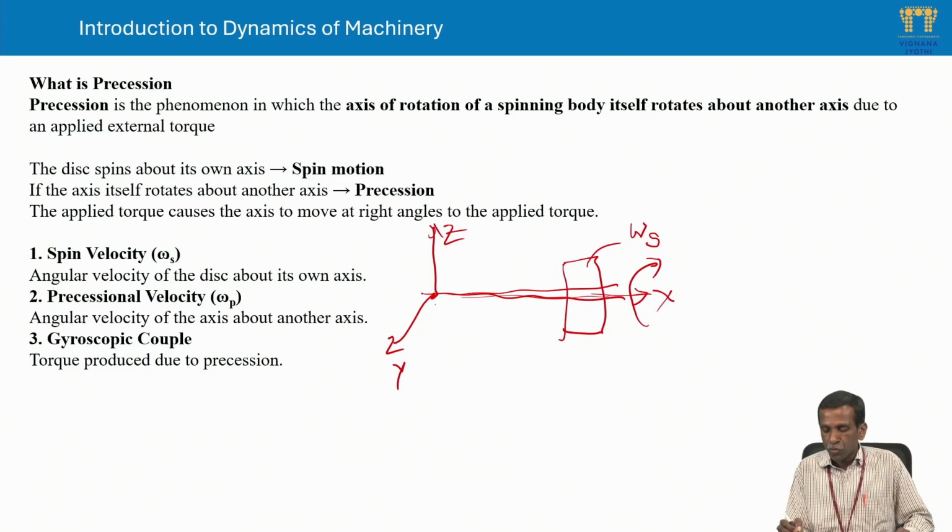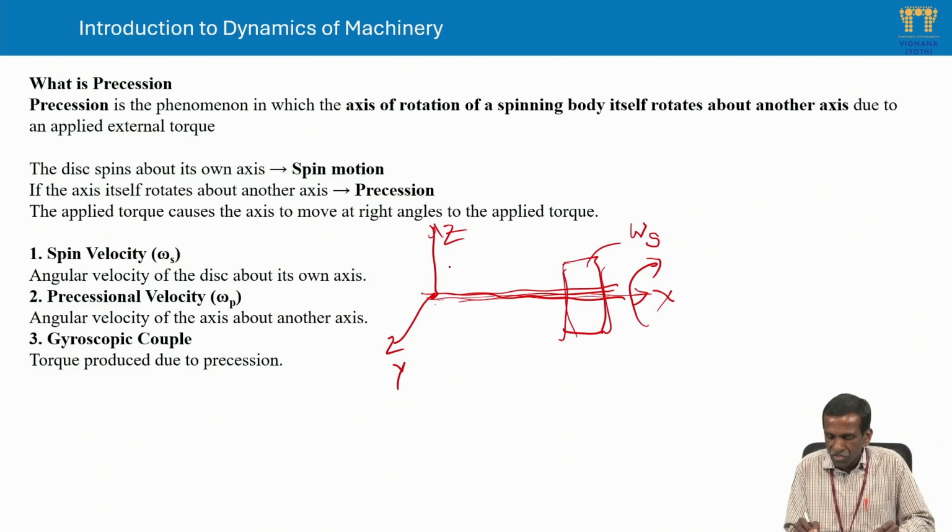If we try to move this spinning axis along with the rotating body about any other axis, either z or y, then we need to apply a couple to move it.